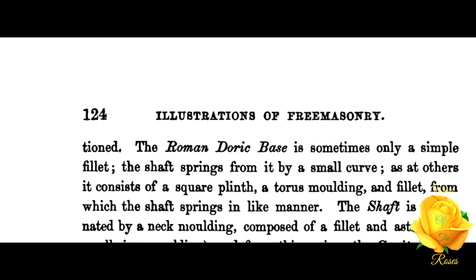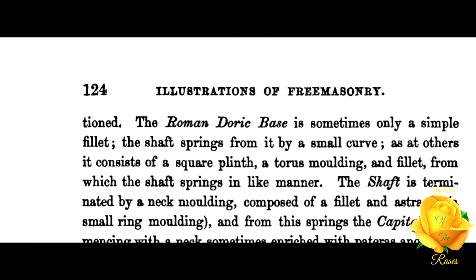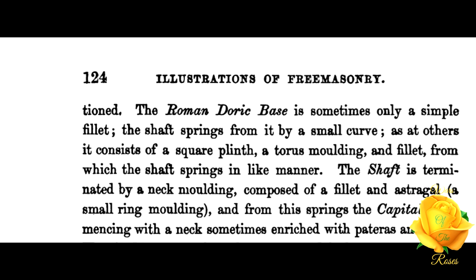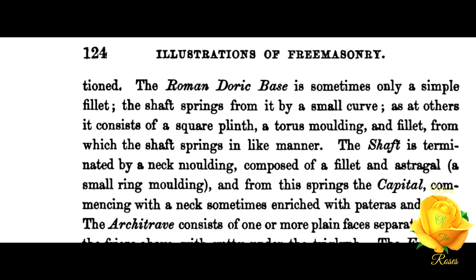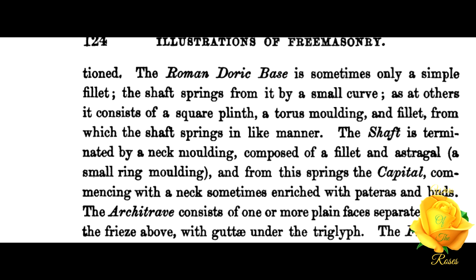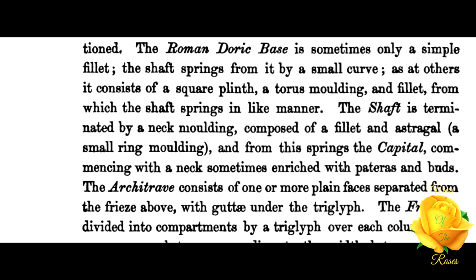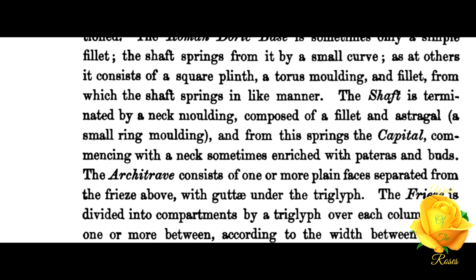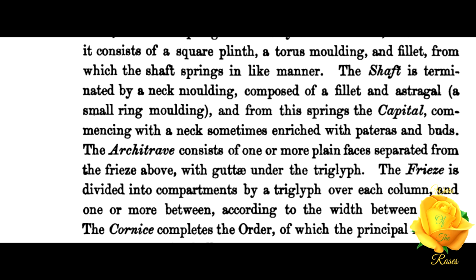The Roman Doric base is sometimes only a simple fillet. The shaft springs from it by a small curve, as at others it consists of a square plinth, a torus moulding and fillet, from which the shaft springs in like manner. The shaft is terminated by a neck moulding composed of a fillet and astragal, a small ring moulding. And from this springs the capital, commencing with a neck sometimes enriched with pateras and buds.